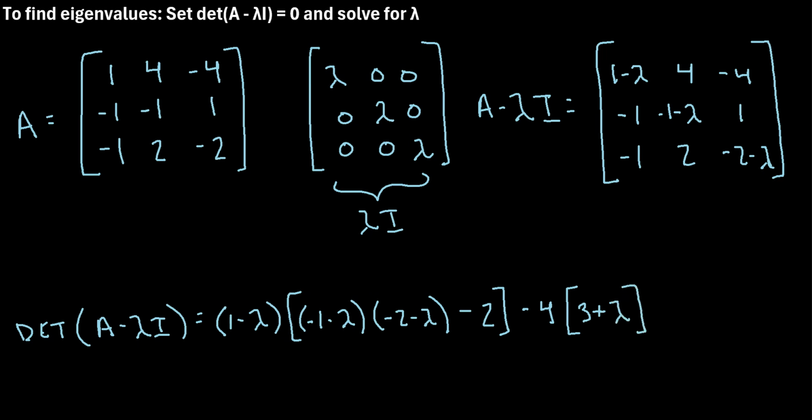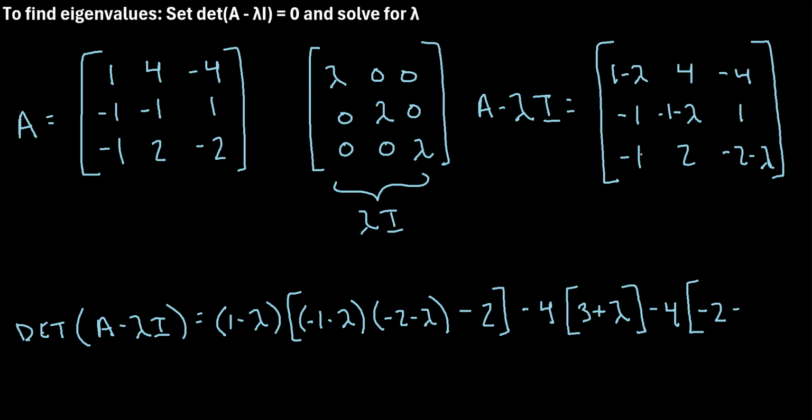Okay, and then the last step is we're going to add the value in row 1, column 3. So in this case, it's a negative 4 multiplied by what we get when we remove the first row and the third column. So the determinant of these remaining values. So what would that be? Well, it would be negative 1 times 2. So negative 2 minus negative 1 times a negative 1 plus lambda.